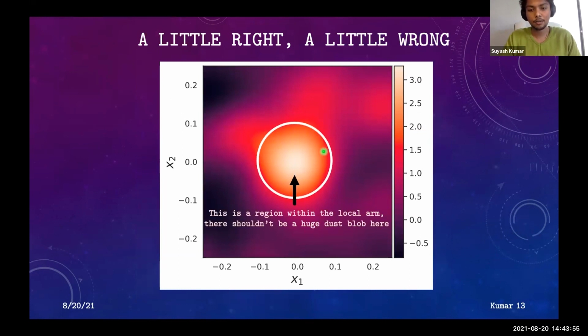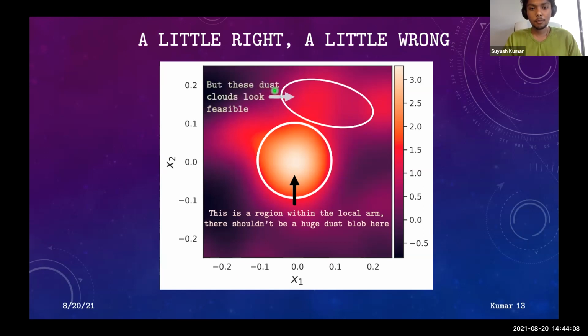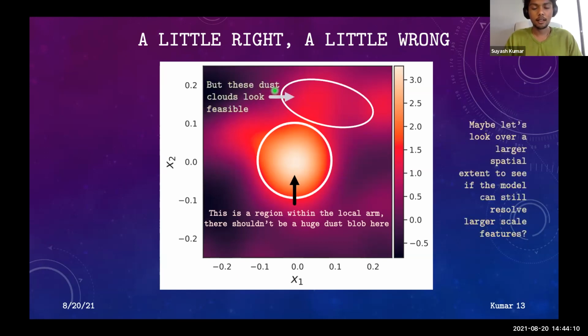So we shouldn't really have a huge dust blob there, or we wouldn't really be having this presentation. But anyways, if you look around that central dust blob, we have a bunch of dust clouds that look kind of feasible. So it seems that our model is getting a few things correct and a few things not so much. So maybe we can try zooming out in spatial extent so that our model is not burdened with resolving these particular tiny features.